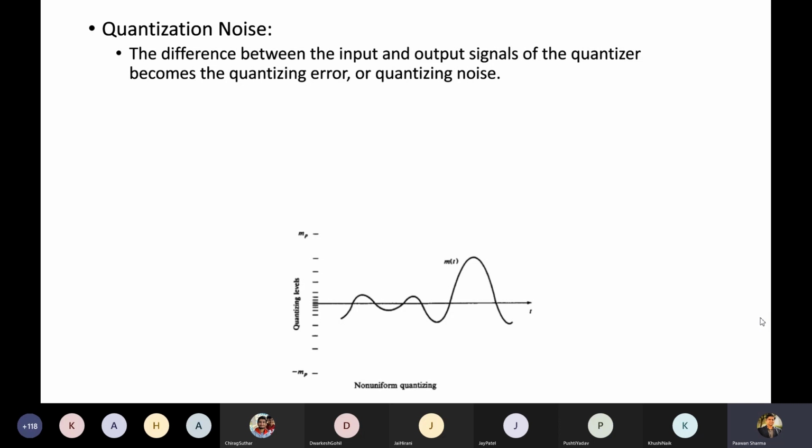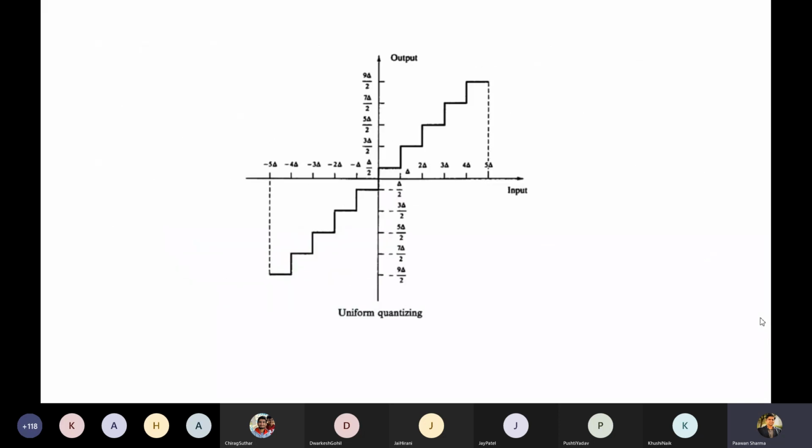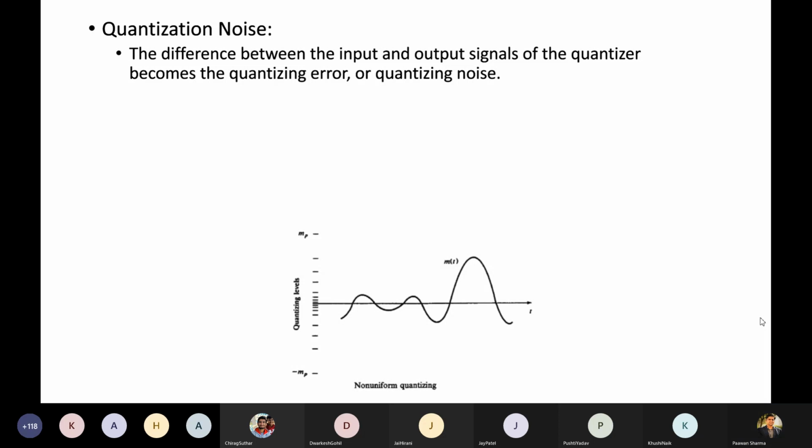What can be done is, instead of having uniform step sizes, we can have non-uniform quantization, like this. Here you can see minus mp to mp.